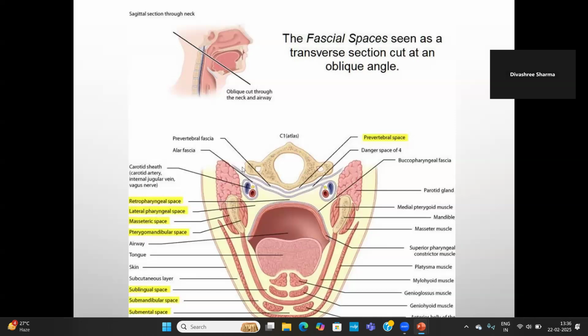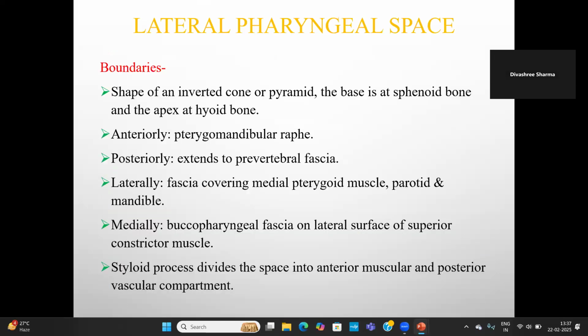Anteriorly, the pterygomandibular raphe. Posteriorly, the prevertebral fascia. Laterally, the fascia covering the parotid gland and the medial surface of the ramus of the mandible. The medial boundary would be the buccopharyngeal fascia on the lateral surface of the superior constrictor muscle.